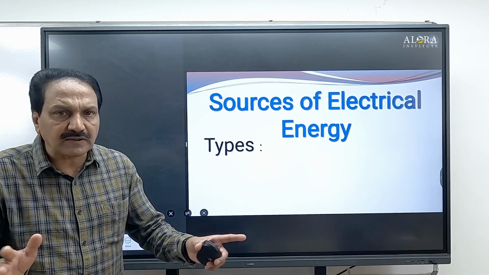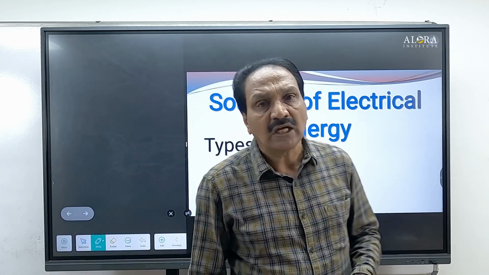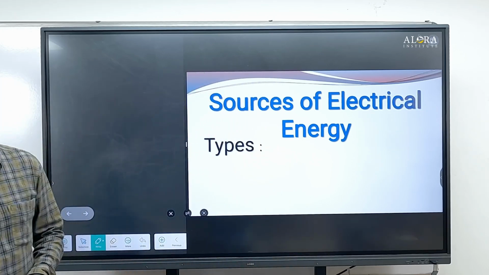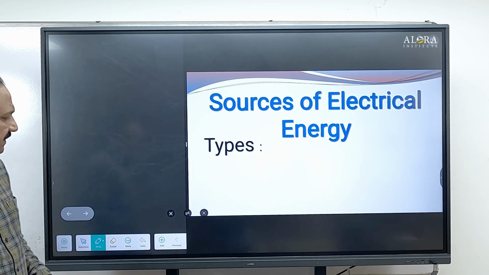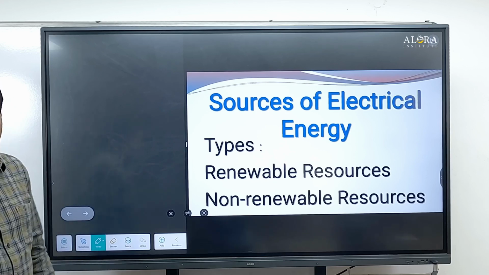What is the difference between them, and what are the different types of renewable and non-renewable resources? Fine. Let's go for the first type, that is renewable resources. Second one is non-renewable resources.